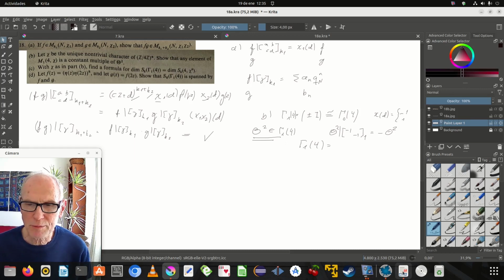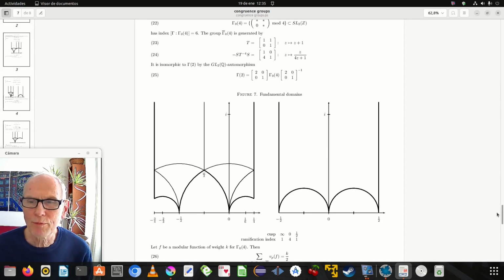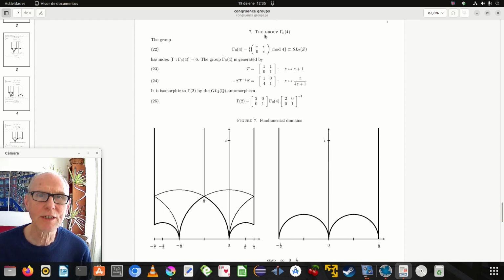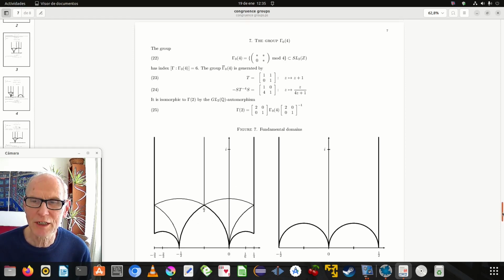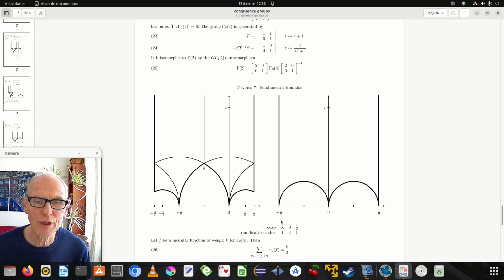You see, what bothers me is that we have proven this in problem 17 together with this, and I thought that this would be the fundamental domain of gamma 1, 2, I know it has the double index because of plus minus the identity, but I thought this would be the fundamental domain, and that means that we should have this formula.